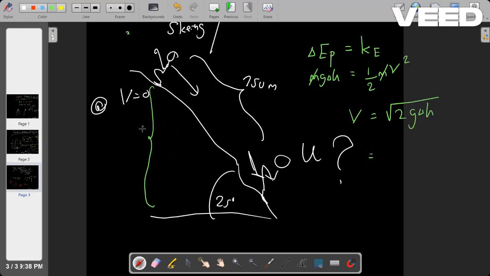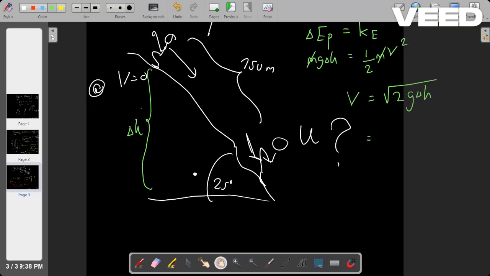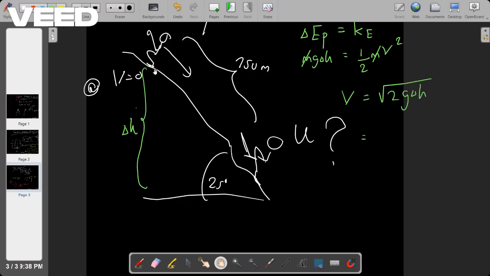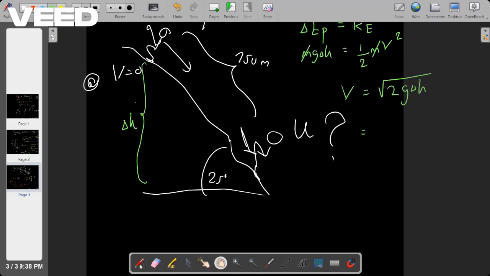Now the thing is finding h. Remember, when we are plugging in the potential energies, it must always be the vertical movement. Now 750 is diagonal actually, so we have to find the vertical distance. So it's sine, cos, tan, right?